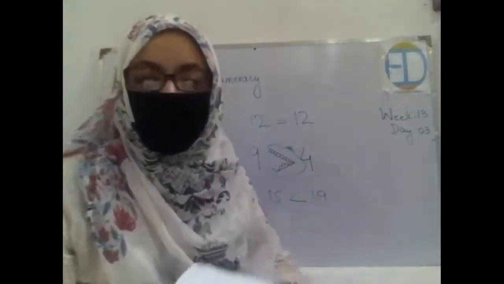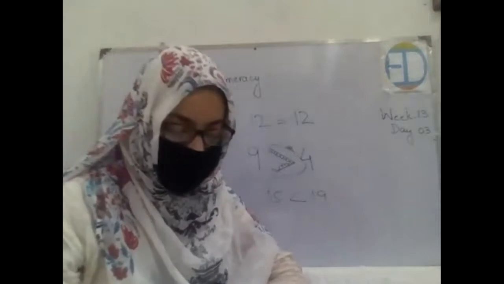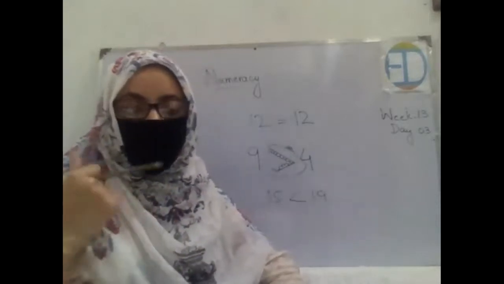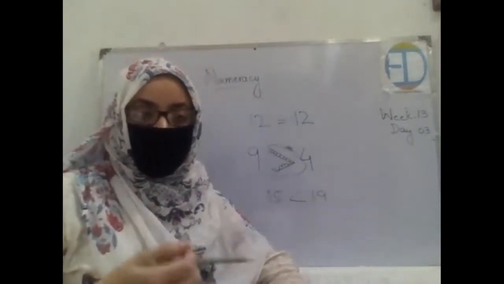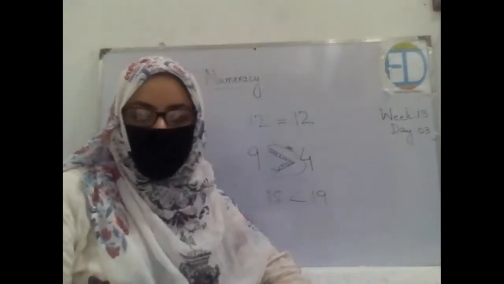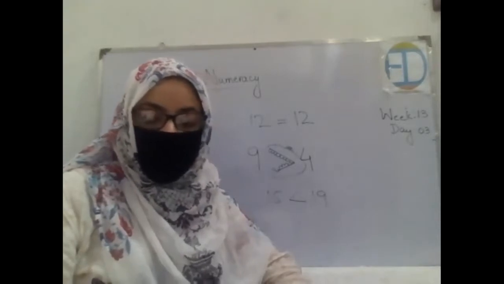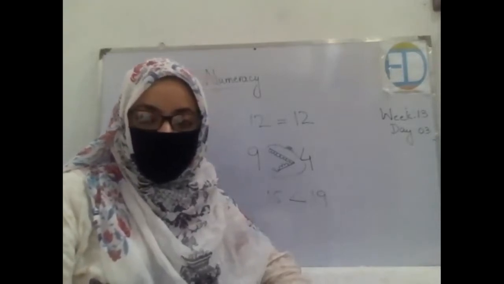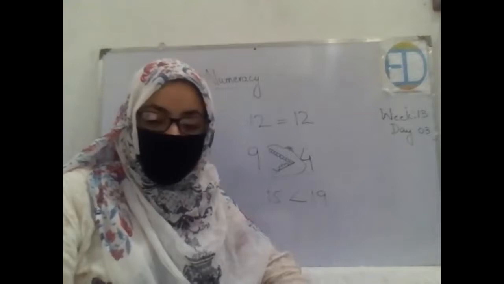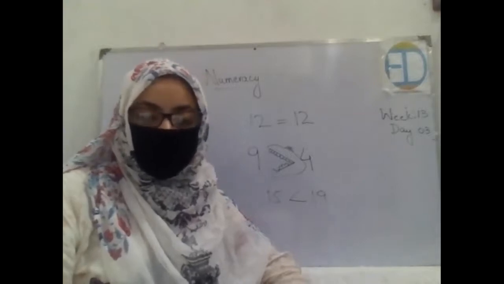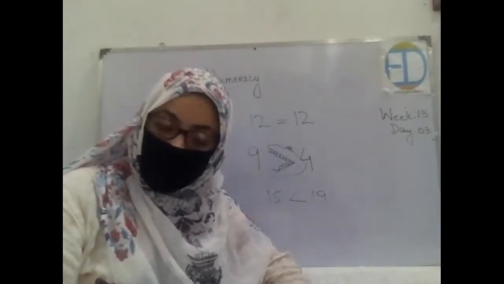Okay, so this was the practice according to the less than or greater than concept. Now, I'll ask you to quickly answer these questions by looking at the multiplication table. Who is going to tell me what is 8 cross 3? 24. Excellent. Aliza, you tell me 5 cross 2. 10. Very well done. Ahmad, you tell me 8 cross 10. 80. Excellent.